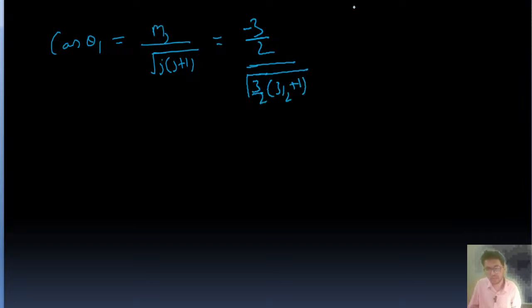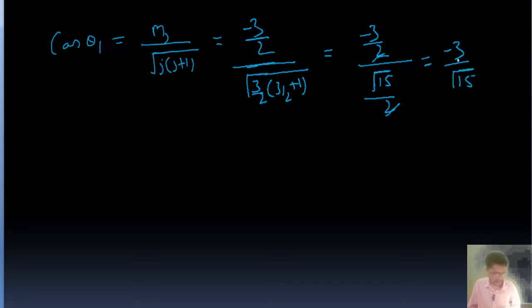If you solve it, this value is going to be minus 3 by 2 upon root 15 by 2. The 2 will get cancelled, and this value is going to be minus 3 upon root 15. So cos theta 1 value is minus 3 upon root 15.